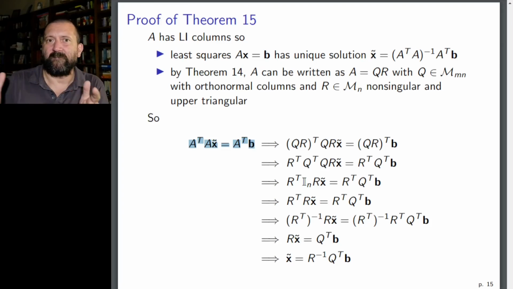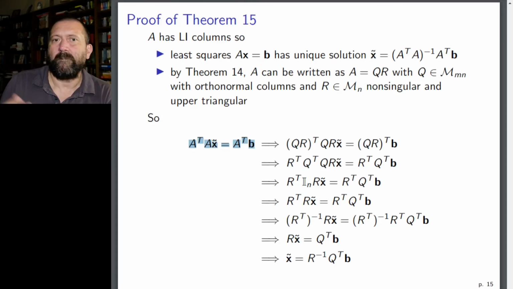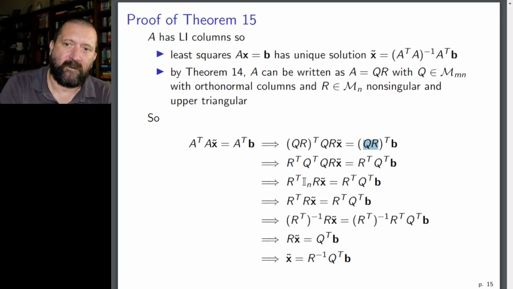So we know that we can write A as QR. Every time I see A, I'm going to replace it by QR. I have an A transpose here, I replace it by (QR) transpose. I have an A here, I replace it by QR. I have an A transpose here, I replace it by (QR) transpose.